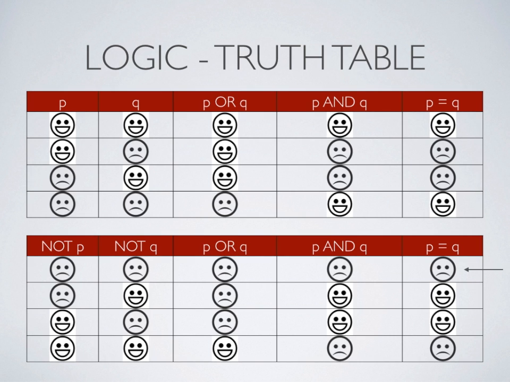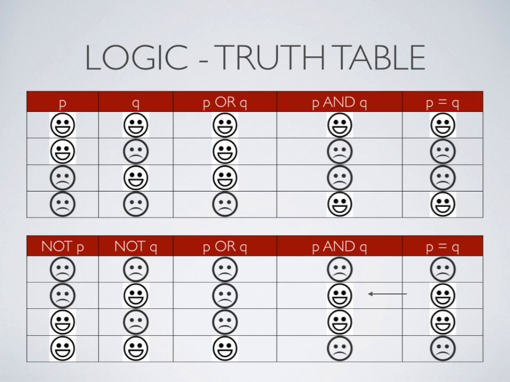And with our P equals Q section, again, same: we're not happy, so we're all very, very sad. Our second row, our P section is sad again, but now our Q section is happy. So in turn, our OR section will again be sad because we are not happy.